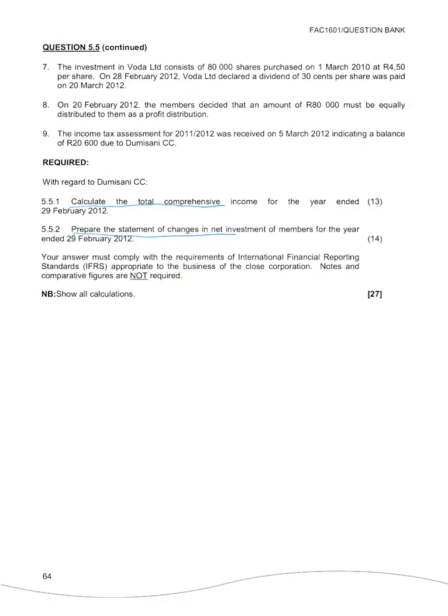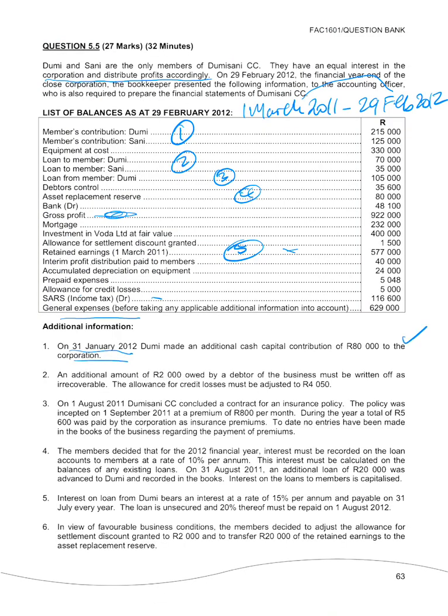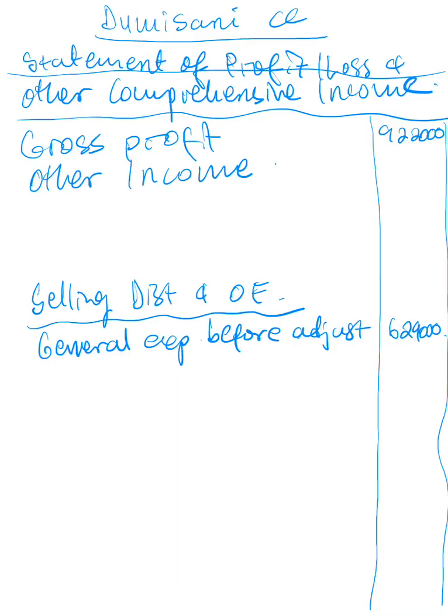Right. Then we are done with that part. An additional amount of 2,000 owed by a debtor of the business must be written off. So therefore, in our expenses, we have our credit losses, which we said is your bad debts plus an increase minus a decrease in allowance.